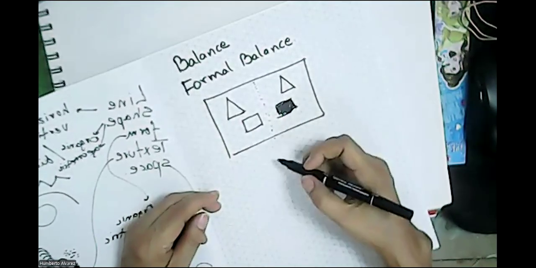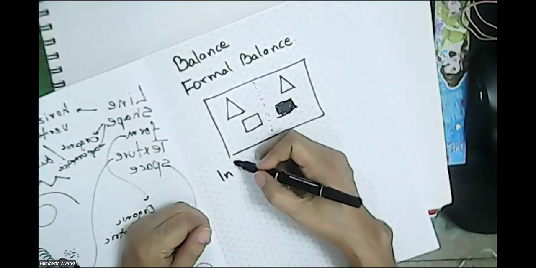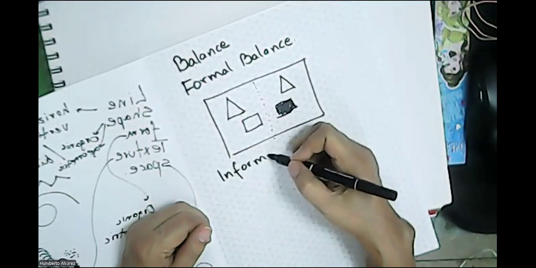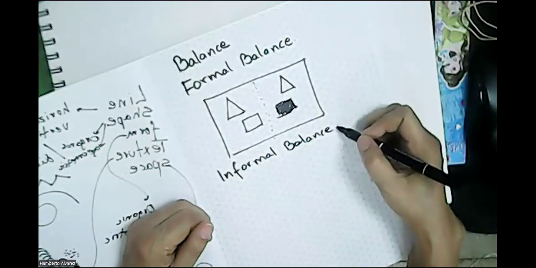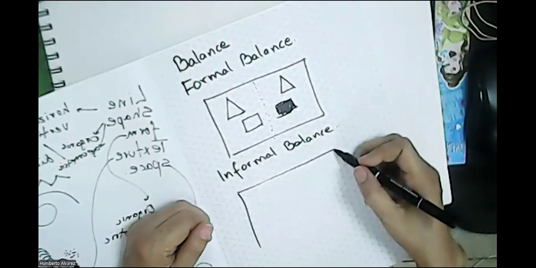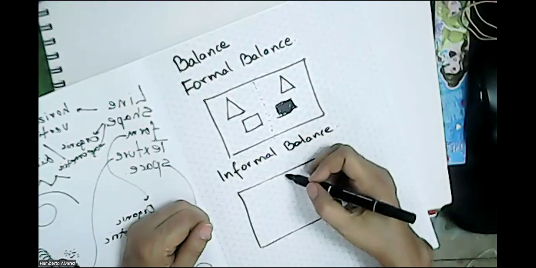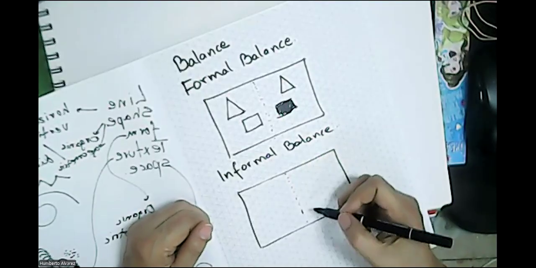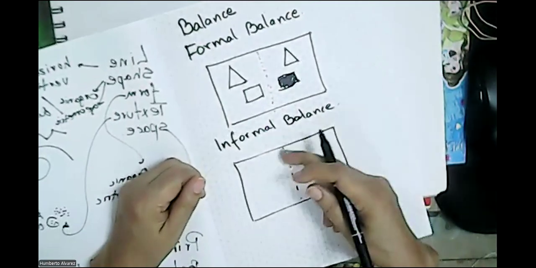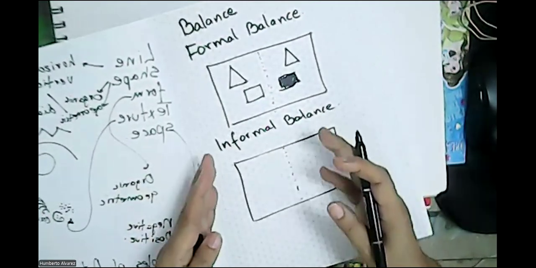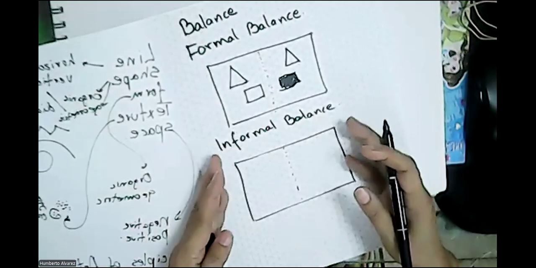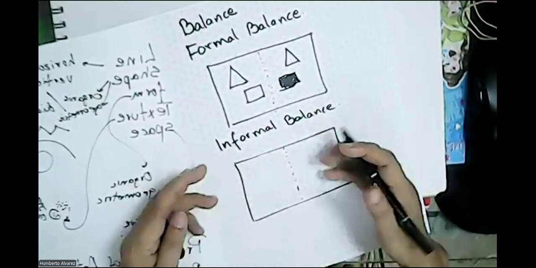This is formal balance. Now, we have informal balance, in which we can have different type of elements in both sides of the artwork, but all of the elements have the same visual weight or the same visual interest in both sides of the artwork.